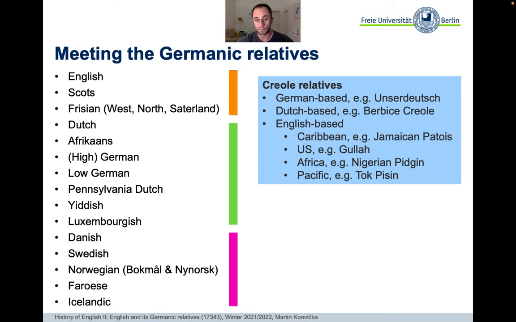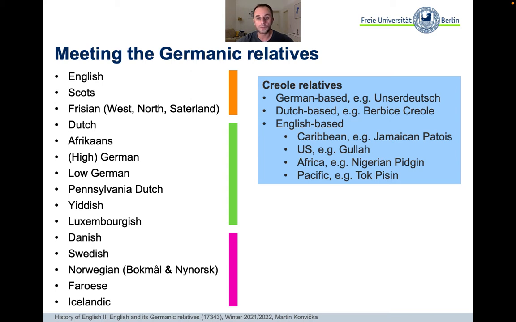And you know by now probably Tok Pisin. There are also Dutch-based Creole languages, or I should probably say they were, because there were a number of Dutch-based Creole languages spoken in what was once the Dutch colonial empire in Indonesia and South America, but they are all basically not spoken anymore actively.